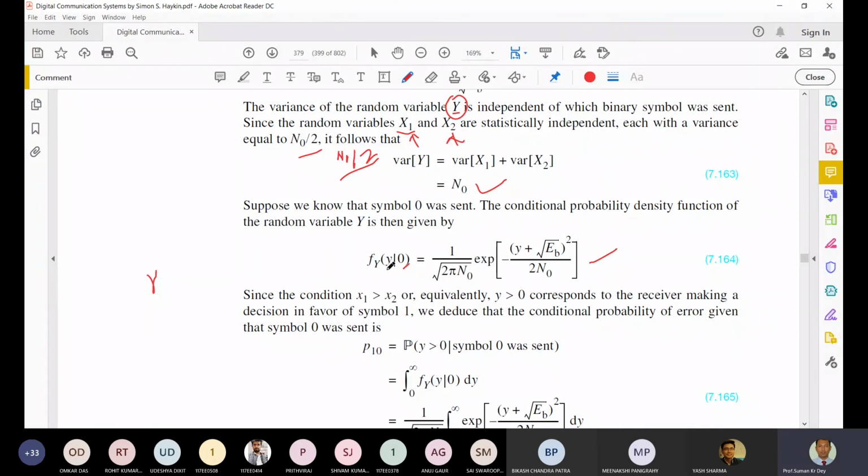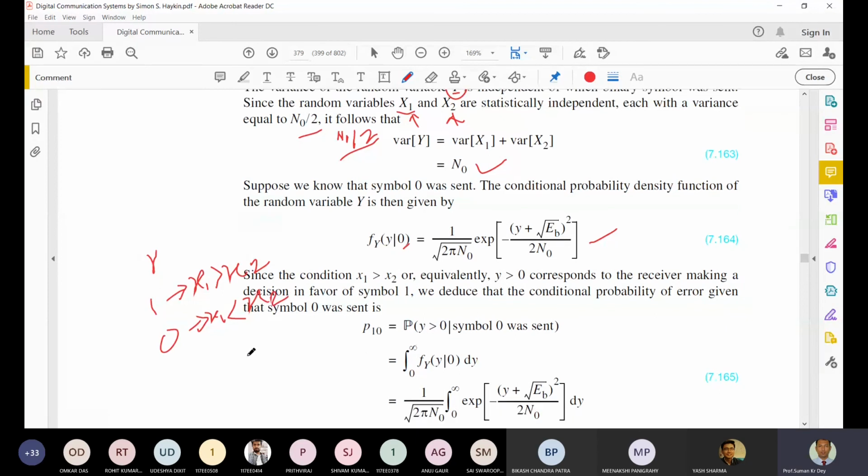Based on the s1 and s2 values, the receiver will take the decision. For a decision in favor of symbol 1, the condition was x1 should be greater than x2, and for 0, x1 should be less than x2. That was the condition.